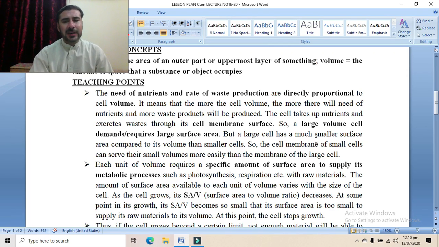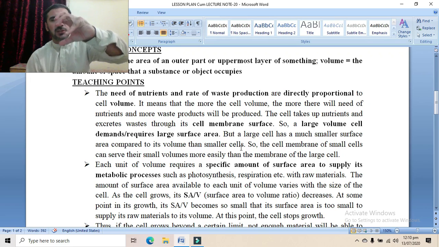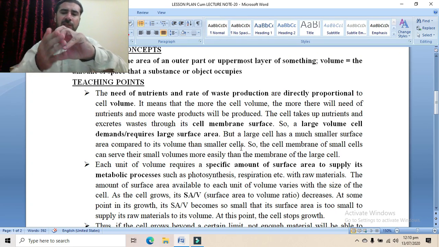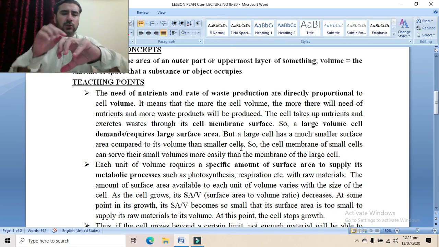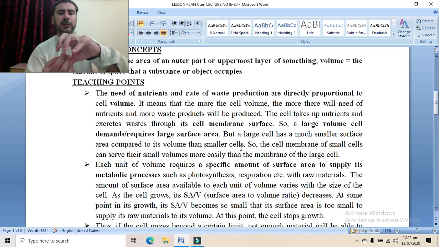A large cell has a much smaller surface area as compared to its volume than smaller cells. When a cell grows in size, suppose this is a big cell, this surface area becomes less as compared to this internal volume. The internal volume becomes much more. So this surface area is less to fulfill the nutrient needs of the internal large volume.